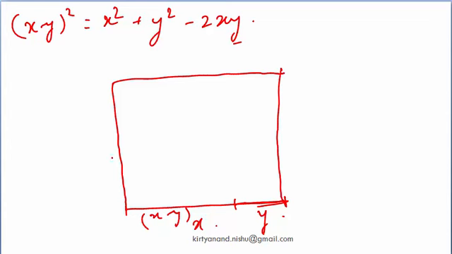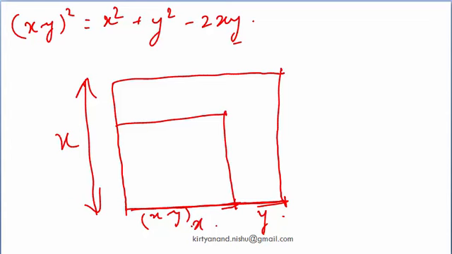The outer square is a square of side x, and this particular side is x minus y, because we've taken y out of it. Accordingly we create this square. So this is x minus y, this is x minus y, this is x minus y.